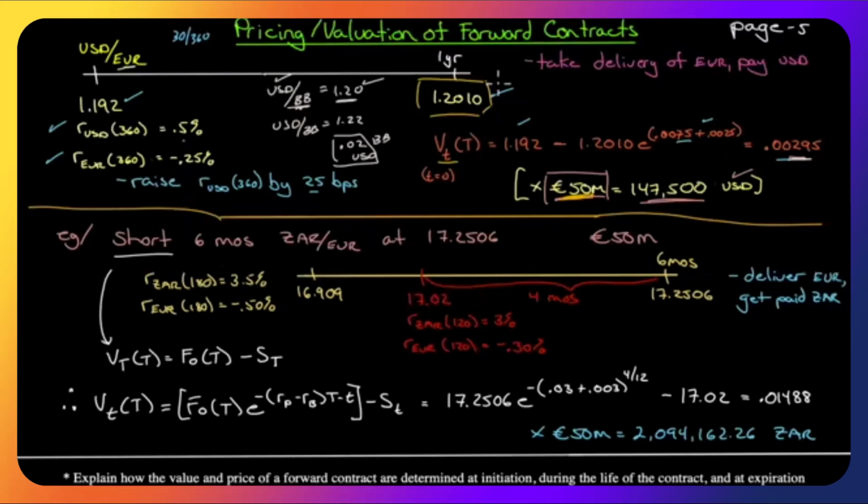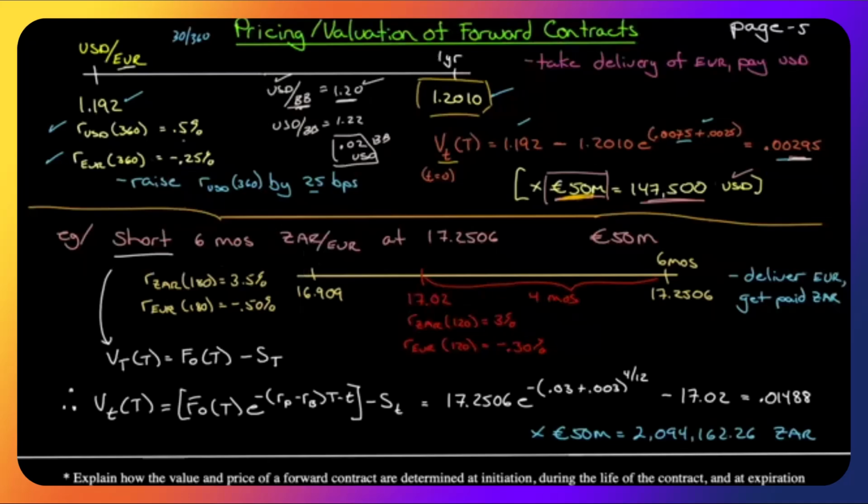No matter what happens, I cannot say I get to deliver less of this or more of that. The example that we're going to use for the South African rand, if you go through that example, it interprets the gain and the loss in terms of you get to pay more or you get to pay less under the terms of the contract, or you get to deliver less or deliver more. That is not true. You can't change the terms of the contract.